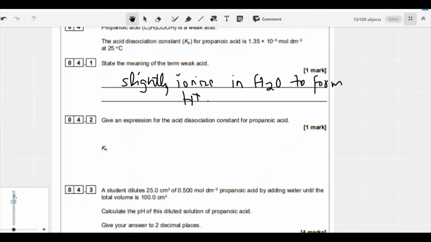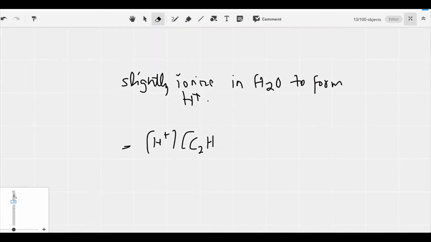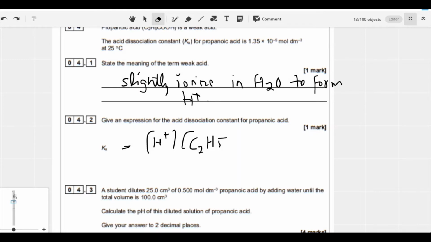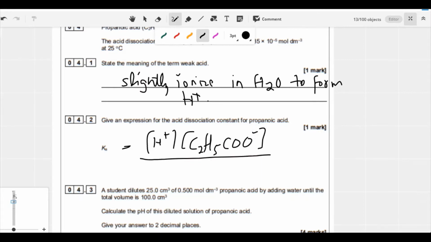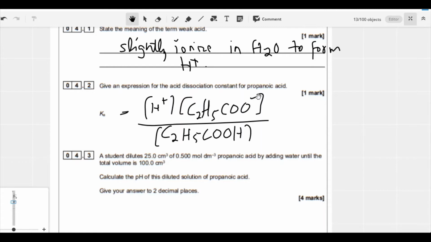So Ka is equal to H positive into C2H5COO negative over C2H5COOH. So that is the expression for the acid dissociation constant.